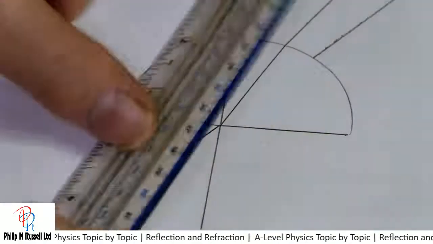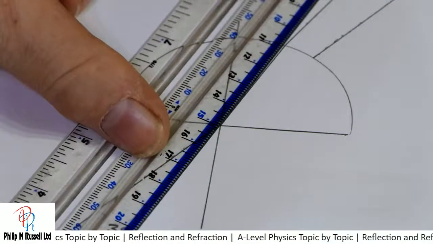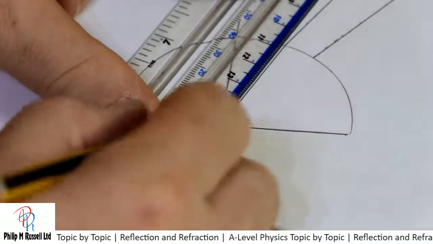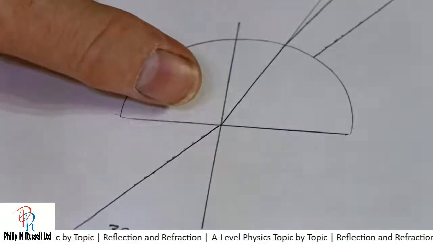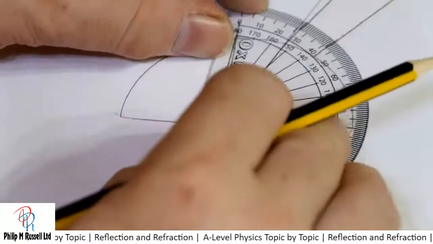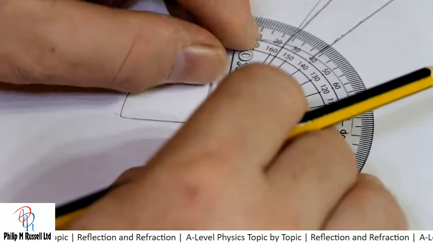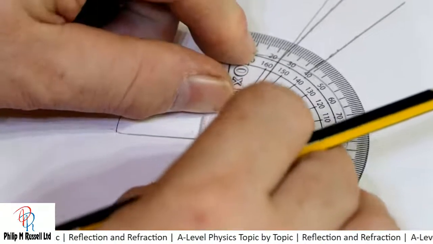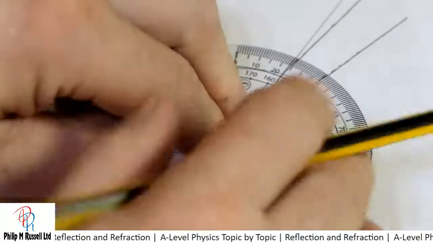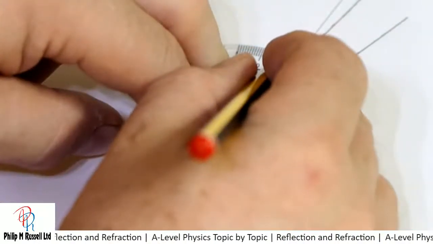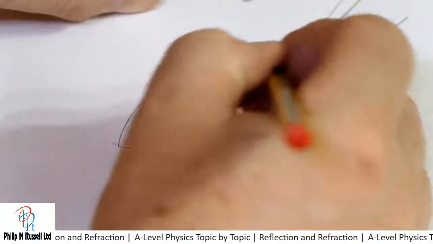I'm going to cheat. I'm just going to extend that line so I can measure it. And I'm on 21, 22, 23 degrees here.